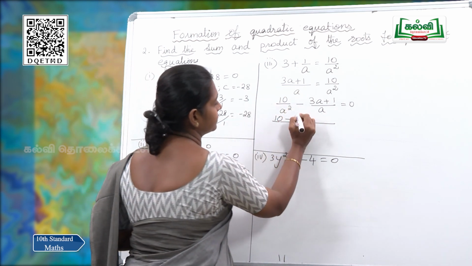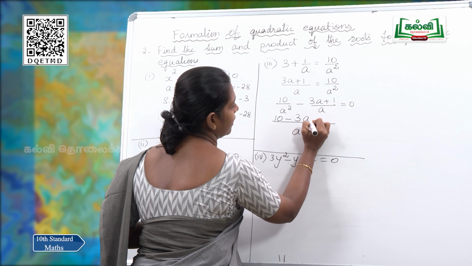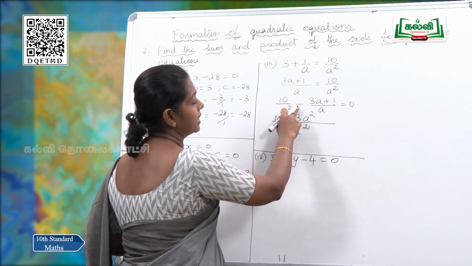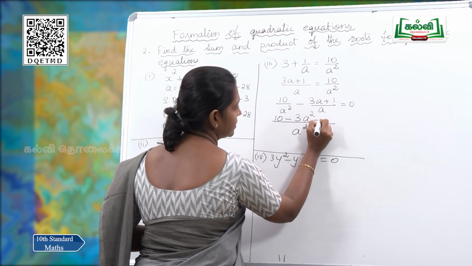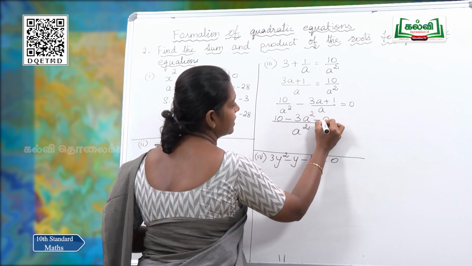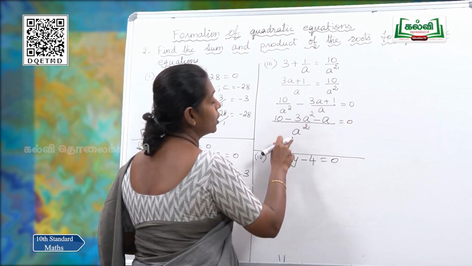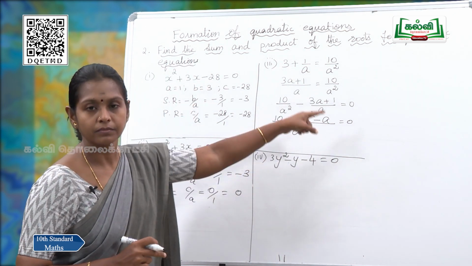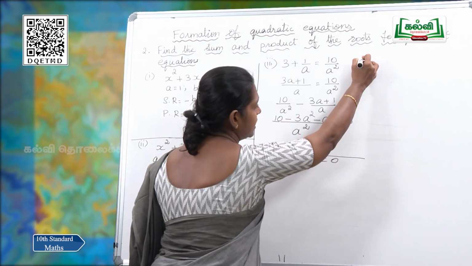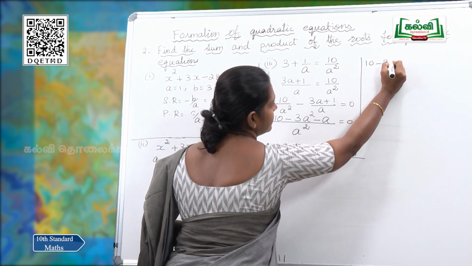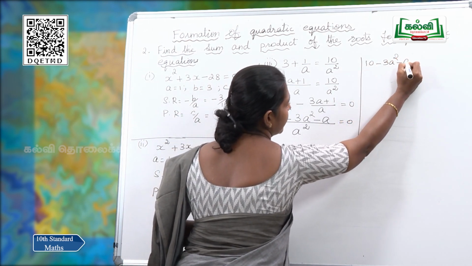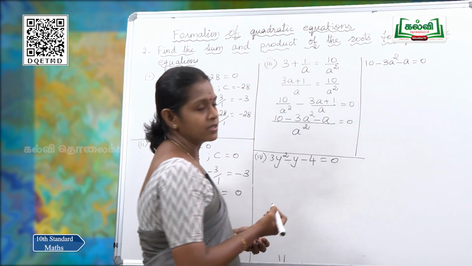So you will get 3A squared. I have to multiply this minus also with this term, then minus into plus is minus; here also I should multiply A, which is equal to 0. If you take this A squared to the right, it will be 0. So that 10 minus 3A squared minus A will become 0.